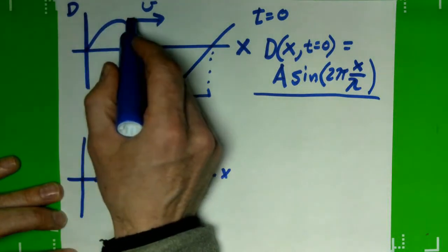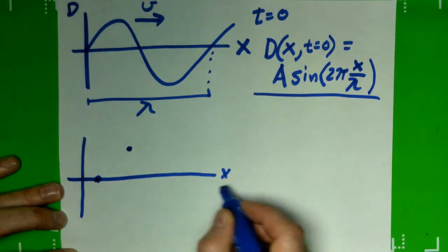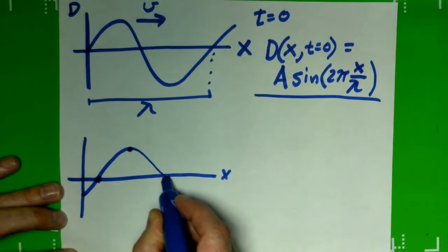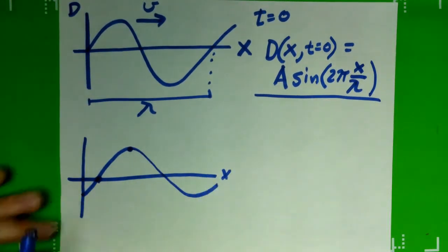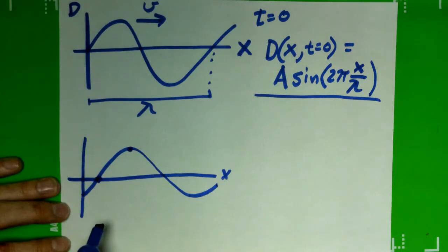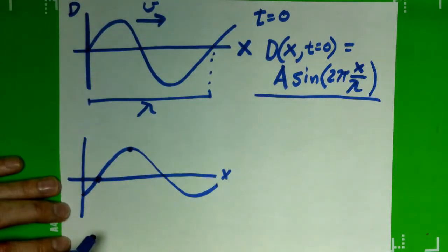This piece of the wave has traveled a short distance. And then we can just keep doing that, and we'd end up with something like that. Apologies, I should have drawn that down a little bit more. But each piece of the wave is just shifted over a little bit.